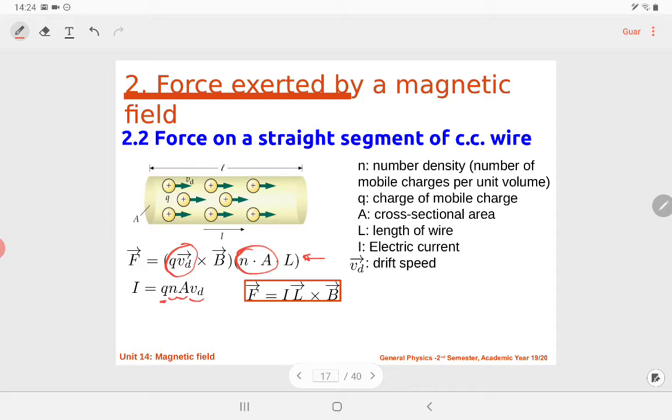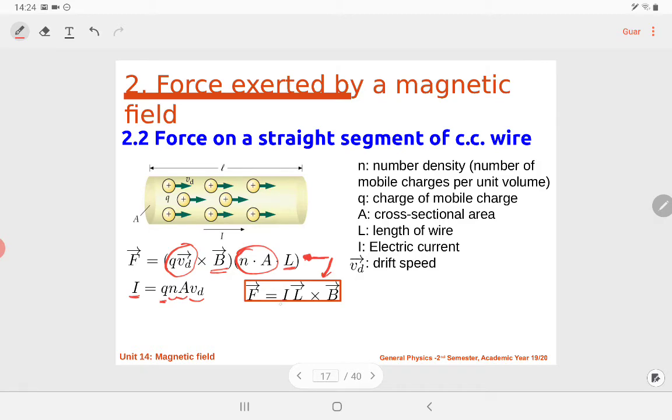However, there's a difference: the intensity, if you remember, is a scalar and does not really have a direction. So we need still a direction to multiply with the magnetic field. That's why the L is going to be transformed to a vectorial L. So from this equation, which deals more with microscopic elements, to this one, which deals with the macroscopic, with something we can measure.